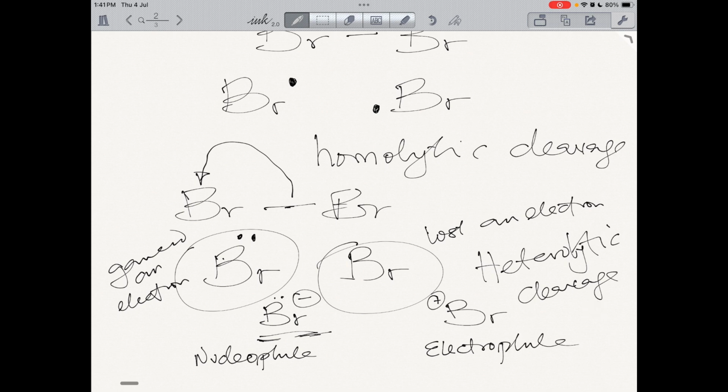Nucleophile is from the word nucleus. The nucleus of an atom is positively charged because it consists of positively charged protons and neutrons, which are neutral. So the charge of the nucleus is positive.